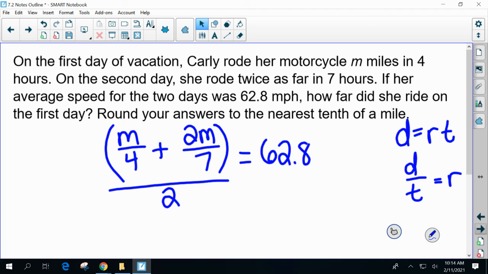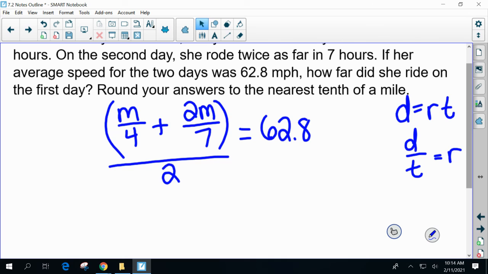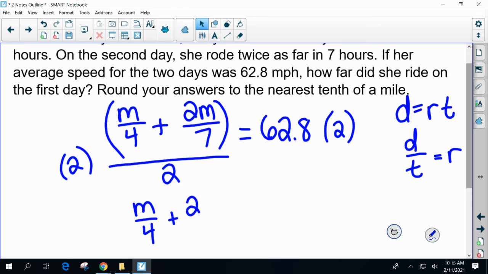So we need to find how far she rode on the first day, which would be M. Okay, so this is one big fraction on the left-hand side. How would I get rid of that divided by 2? Multiply by 2. So I'm gonna multiply both sides by 2. So then I'm going to be left with M over 4 plus 2M over 7 equals what?